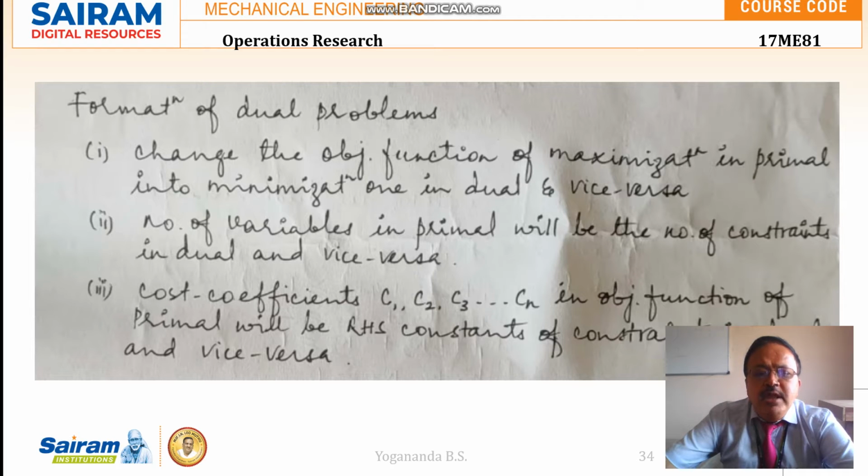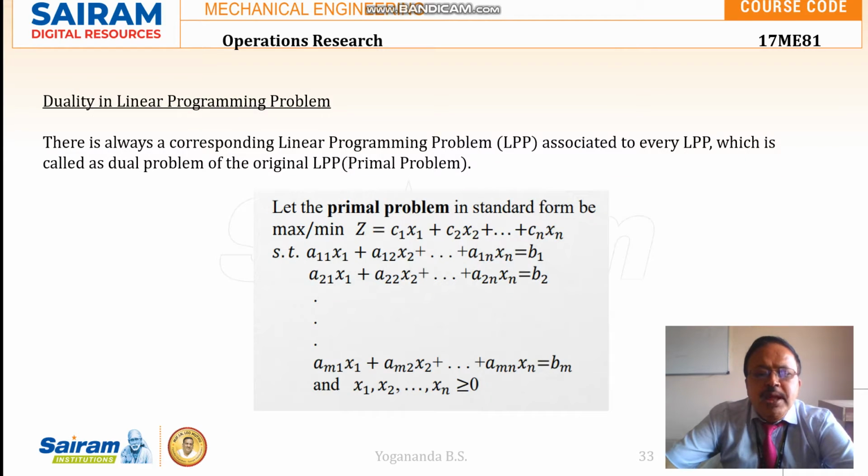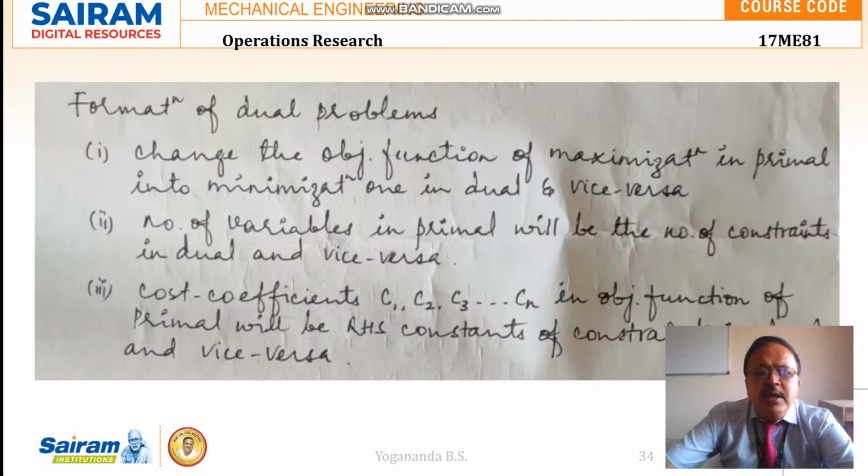The number of variables in the primal will be the number of constraints in the dual. So if the number of variables used in the primal is x1, x2, x3, that means 3 variables in the primal, so we have 3 constraints in the dual, and vice versa.